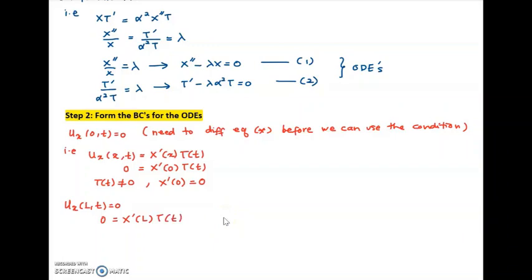With the same justification, T of t cannot be 0, therefore the one that needs to be 0 is X prime of L equal to 0. So now we have this one and this one, which are our boundary conditions for the ODE. When we solve the ODE, we are going to use these two boundary conditions. That is your second step.